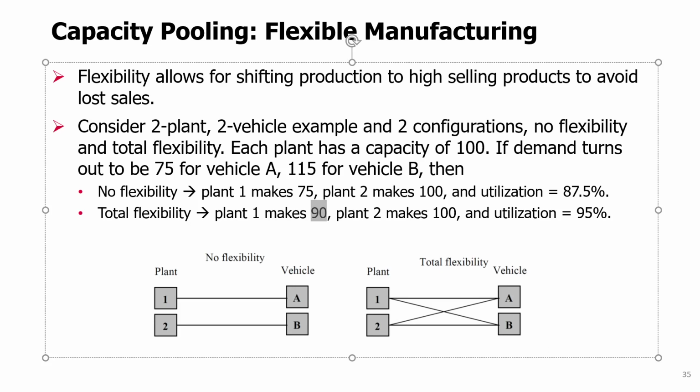In this example, because the total demand, 75 and 115, is just 190, we don't have any lost sales. The total demand is less than total capacity. But the important thing to realize is that regardless, we actually managed to improve utilization, and because of this, capture a larger fraction of the sales when we have this flexibility.